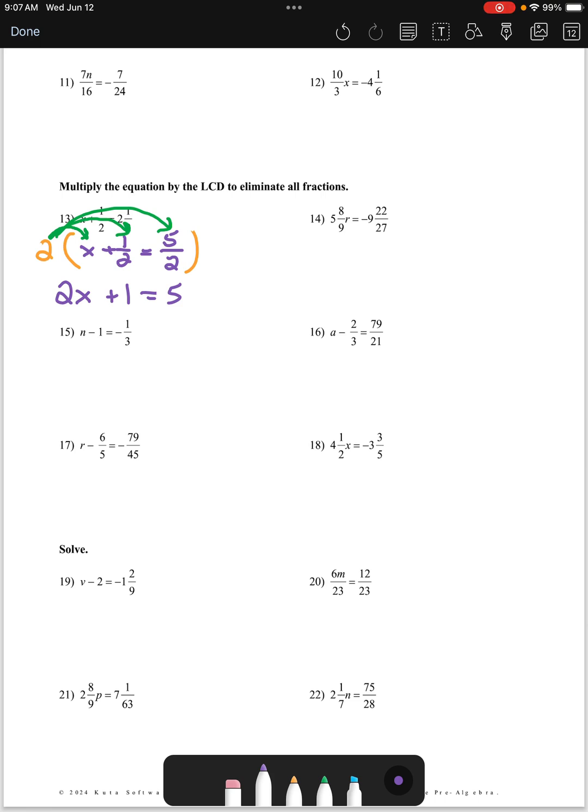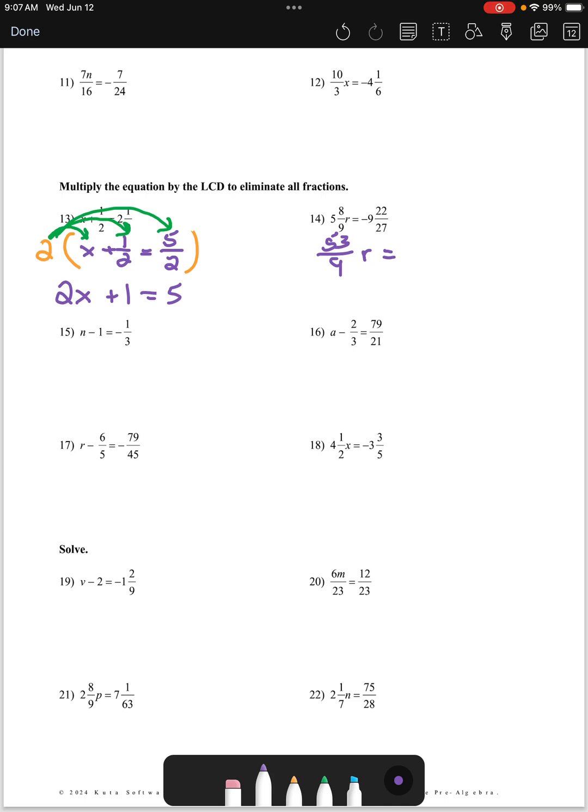For number 14, we've got ourselves some mixed numbers, so time to unmix them. 9 times 5 is 45. 45 plus 8 is 53/9. 53/9 equals, oh boy, those are some numbers.